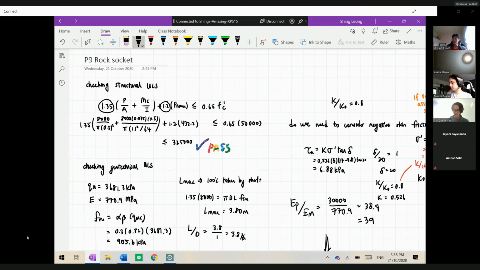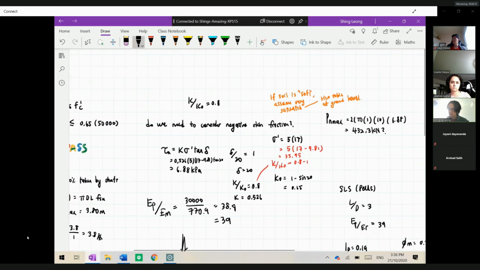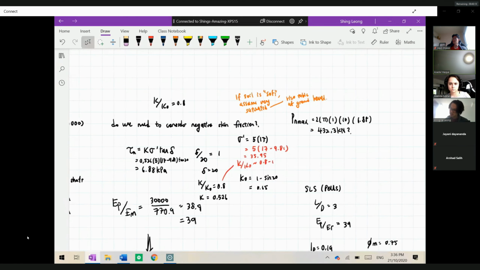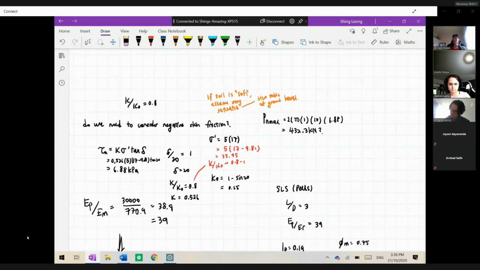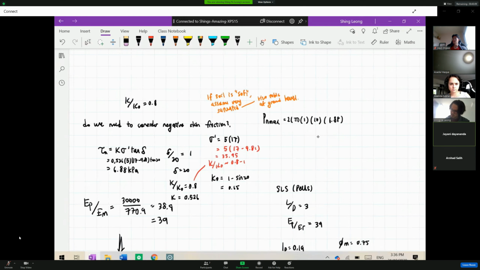The load looks very high. I don't know if I'm doing something wrong for the negative skin friction. It looks to me a little bit high. You're multiplying by 2. Why is that? Twice pi d. So it's not 2, it's twice pi r. Oh yeah, it's r, not d.